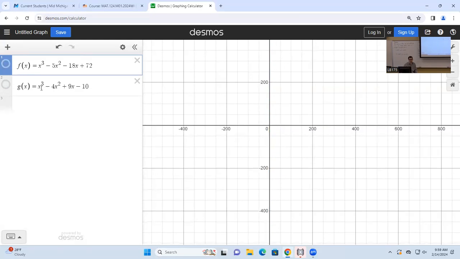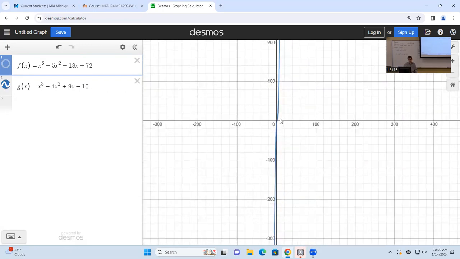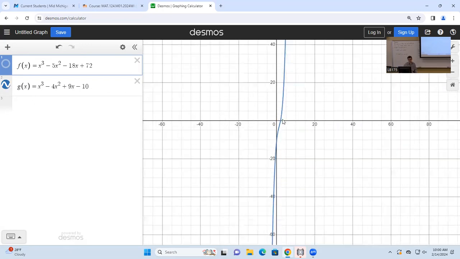So without even knowing where it crosses the x-axis, I can look at this x to the third minus 4x squared plus 9x minus 10. I know it's got to cross the x-axis at one spot because I know the end behavior. One side goes down to negative infinity, one side goes to positive infinity. Since the coefficient was positive on x to the third, it's positive infinity on the right, negative infinity on the left.